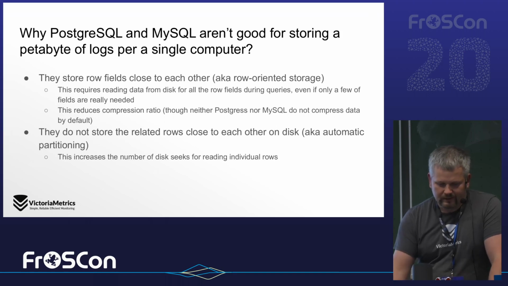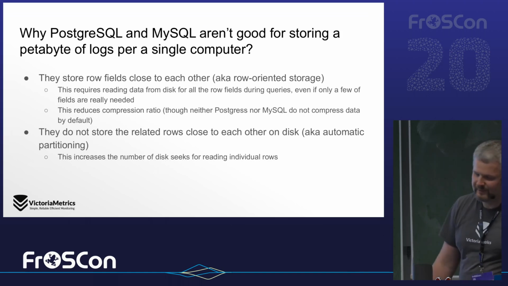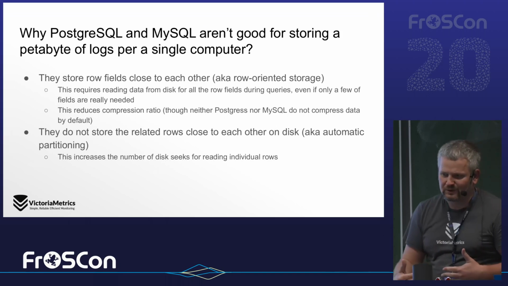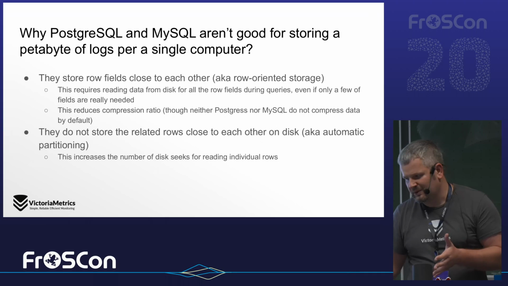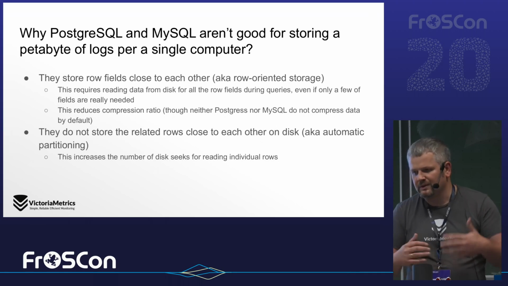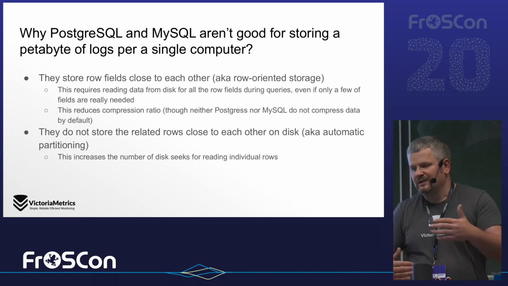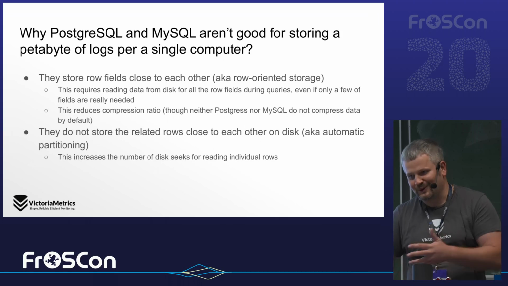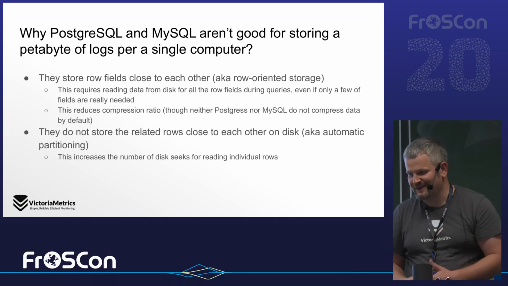And this results in two problems. The first problem is that this increases the number of disk seeks needed to read individual rows. For example, you need to query some logs in a given time range for given log streams, and in the Postgres or MySQL case, this will end up reading millions of logs randomly across random locations on disk.